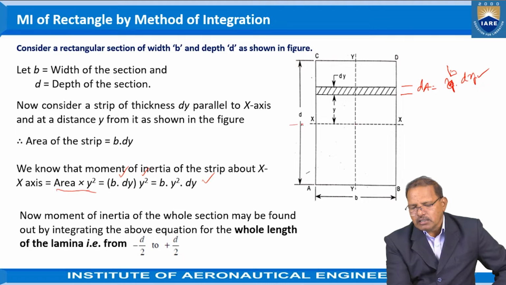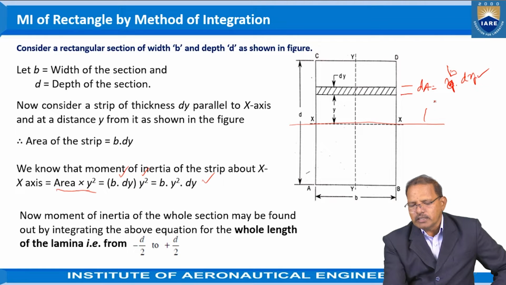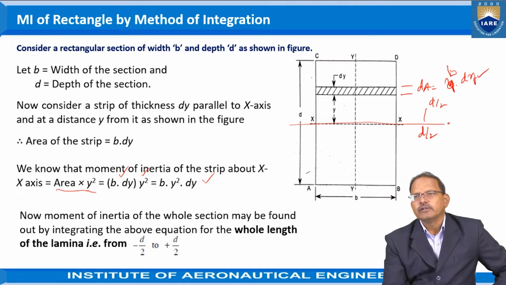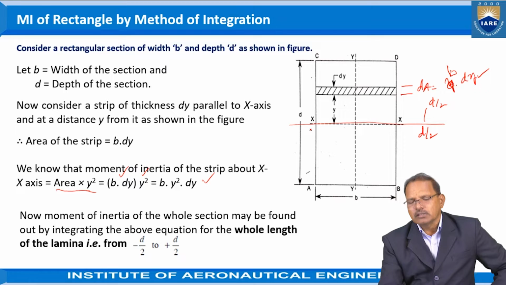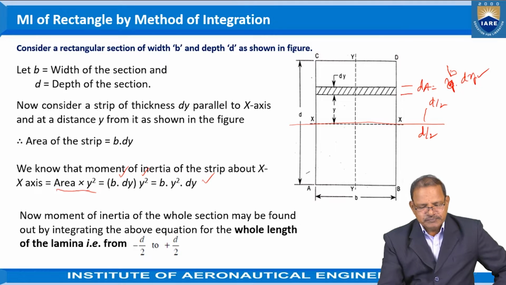Above the axis the length is d by 2, and below the axis also it is d by 2. Hence we integrate from the axis to the top as well as from the axis to the bottom, that is the total area. So the limits become minus d by 2 to plus d by 2.